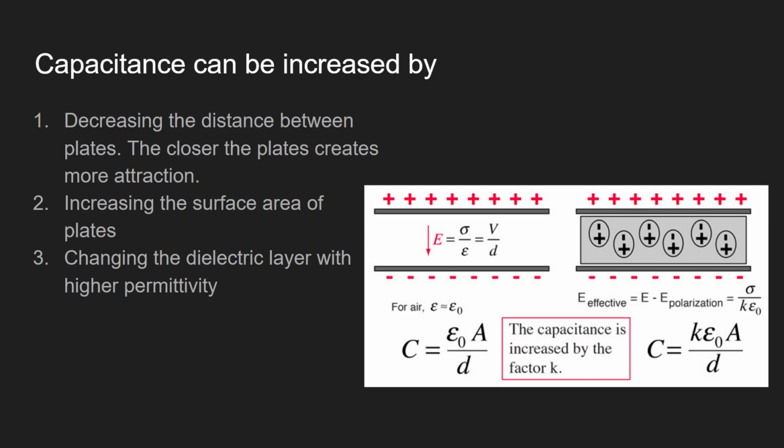You can see the charges are on these two sides. This is the weakest capacitor we can have. If you have different materials here, these materials will also polarize, but not conduct electricity, so that it can help store more charges by just changing this dielectric layer.